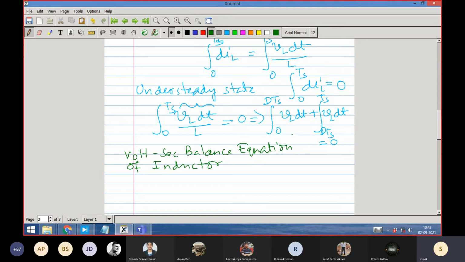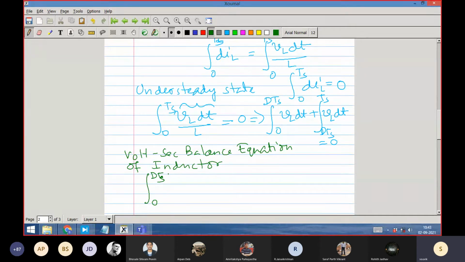Let us see how this condition can be used for the circuit that we have just discussed. Can anybody tell me how I should write VL for the circuit just described? From 0 to dTs, how much is VL during the on time?